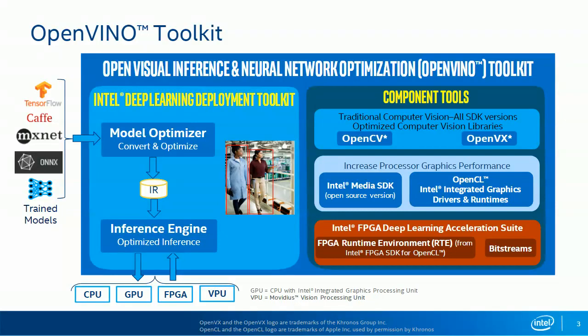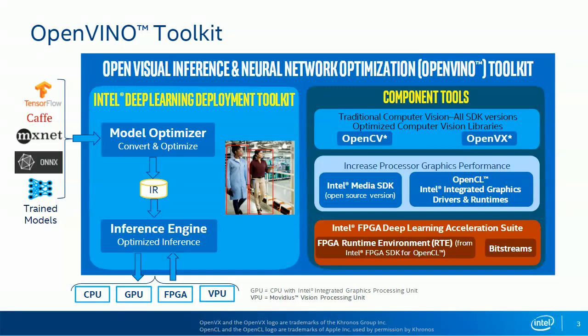The DLDT is used to deploy trained deep learning networks through high-level C++ function calls. There are two components to the DLDT: the model optimizer, which converts and optimizes trained models from various deep learning frameworks and converts them to intermediate representation, and the inference engine, which is the second part of the DLDT, an execution engine that deploys the network by consuming the IR files through an optimized C++ API.